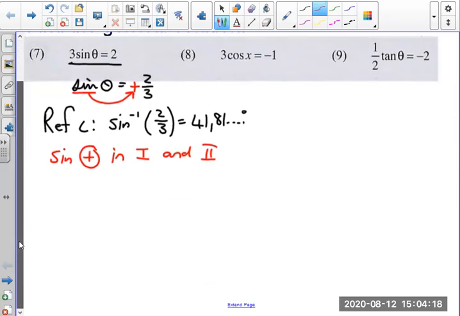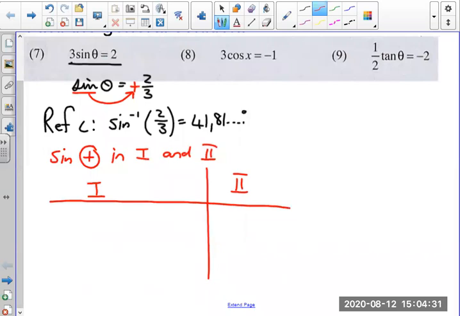And then you do two sums for the different quadrants. So now you must work in quadrant 1 and then in quadrant 2. In quadrant 1, it's easy. You just take the reference angle as it is.